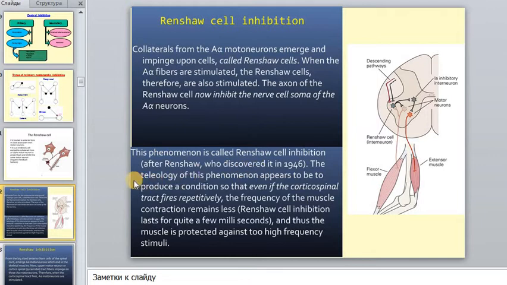Even if the corticospinal tract fires repetitively, the frequency of the muscle contraction remains less, and Renshaw cell inhibition lasts for quite a few milliseconds, and thus the muscle is protected against high frequency stimuli.